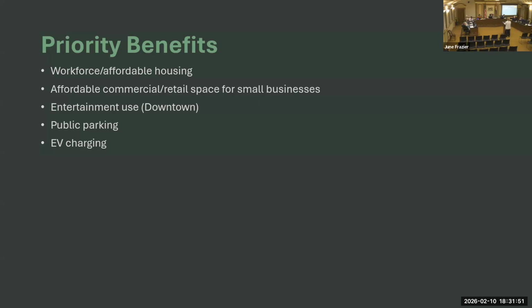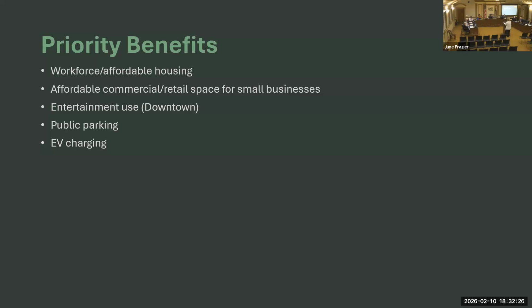If there's a floor, so if, as a priority benefit, if somebody were to select this, is there some sort of floor on the number of units that would get to a level of a priority benefit versus a lower level benefit? I'm not sure where that falls with everybody. The affordable commercial retail spaces for small businesses, entertainment uses in downtown, again, that public parking provision, as well as EV charging.